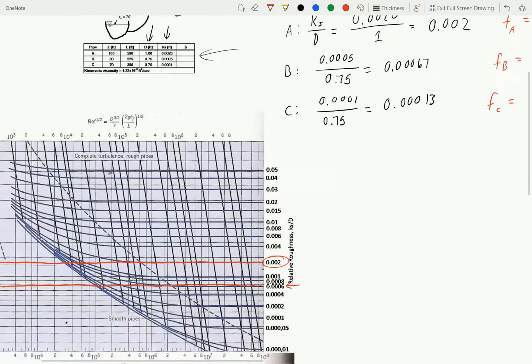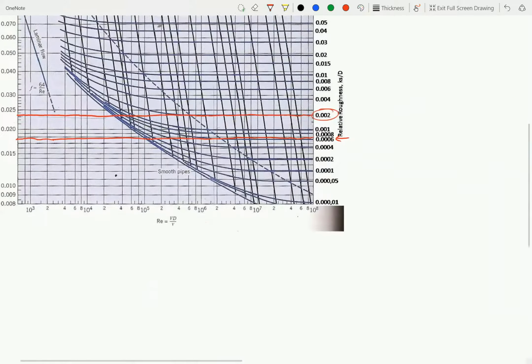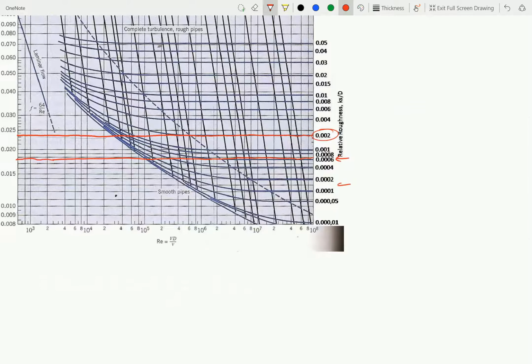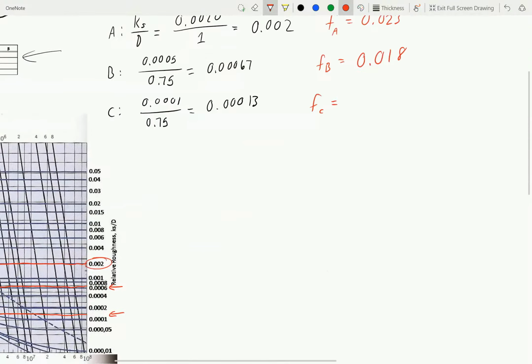For our C value, we have 0.00013, which is going to be somewhere in here. Just say it's right around here. And we go straight across, and we'll say that's about 0.0125 or 0.0126.